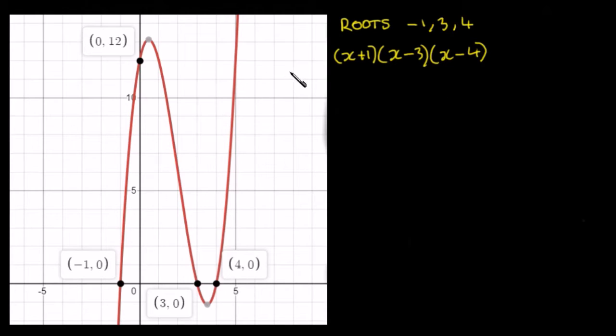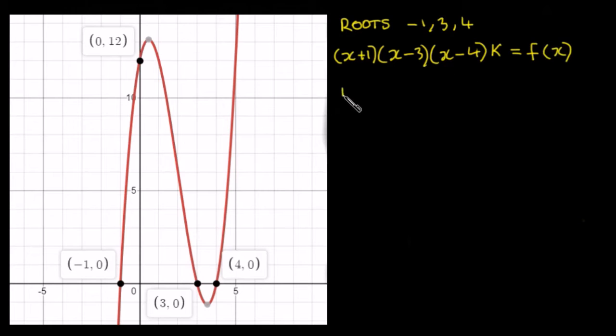Now we've seen from the previous page that the function f of x is given by this here times some factor k. So this is going to be our function f of x. We're part of the way there in working out what our function is. Now we need to know what this factor k is. But we know whenever x is equal to 0 that y is equal to 12. So we can simply put the value of 0 in here, because this f of x is just our y height, which is 12.